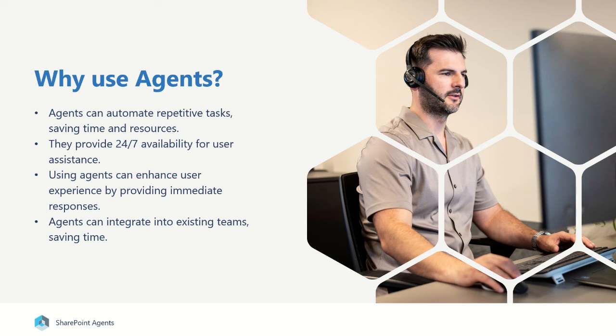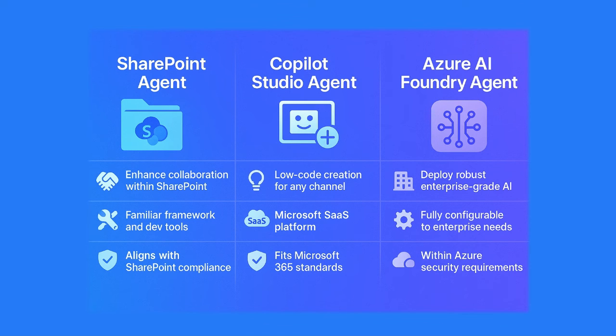Now, what we're talking about here is SharePoint agents, but there are actually 3 different levels of agents that Microsoft AI can provide. And they're almost in category order, in terms of order of complexity. So first we have SharePoint agents. This is designed to enhance collaboration within SharePoint.